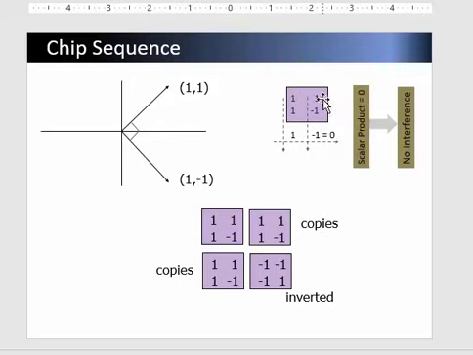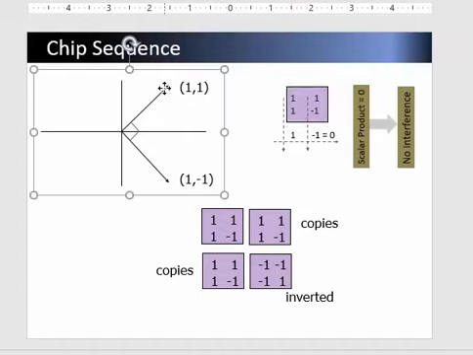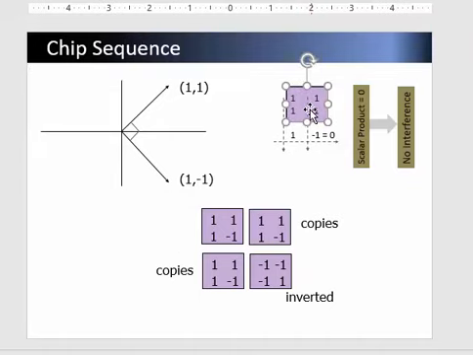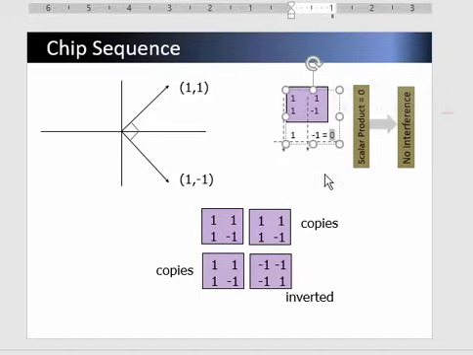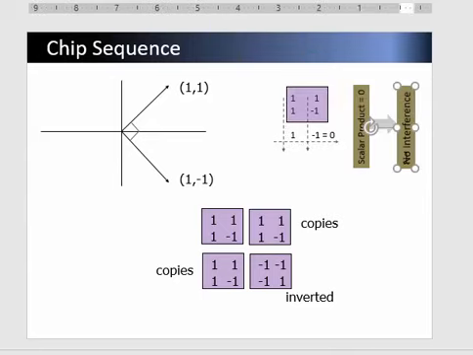If we have 1, 1 and 1, minus 1, we multiply vertically: 1 times 1 is 1. And the next column, 1 times minus 1 is minus 1. We add them: 1 minus 1 equals 0. So the dot product is 0. Therefore, we know there is no interference.